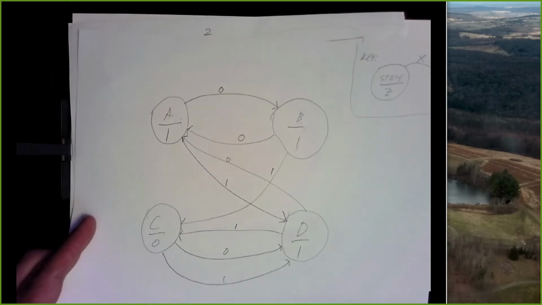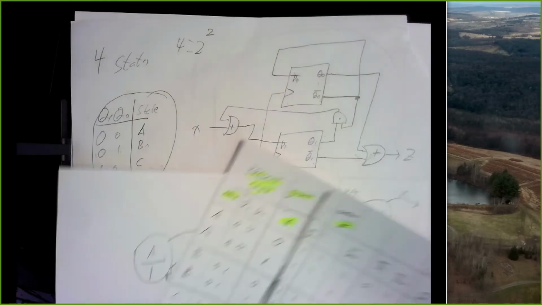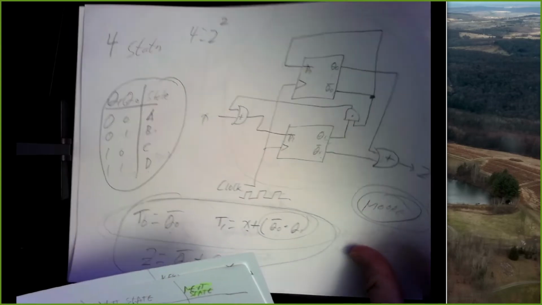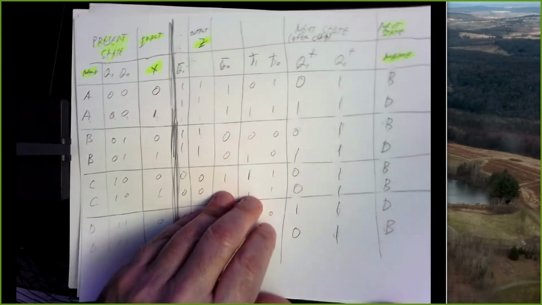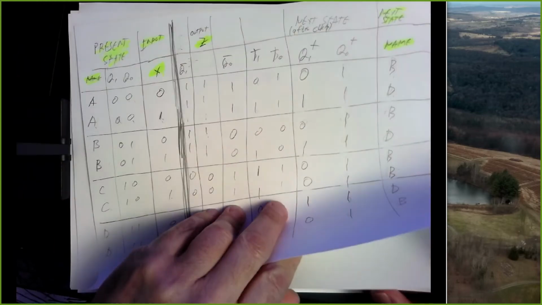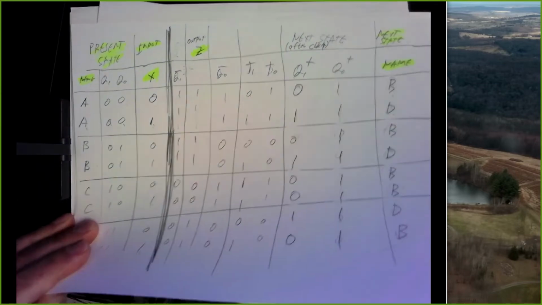And then from that we came up with a state diagram that showed us how we move from state to state. At the end of class we said, if these were toggle flip-flops, then these equations would have been for the T inputs, and we would have gotten a different state transition table.